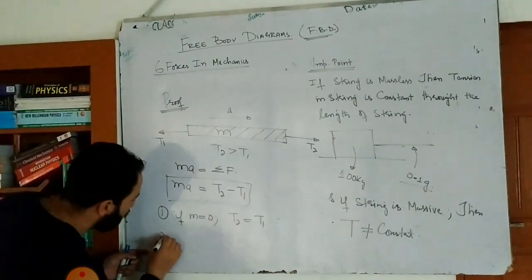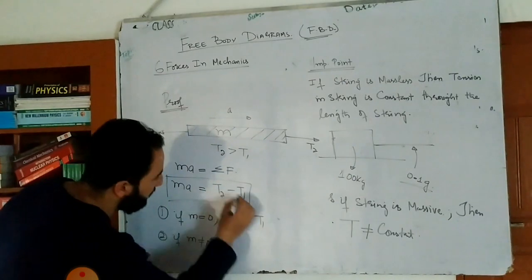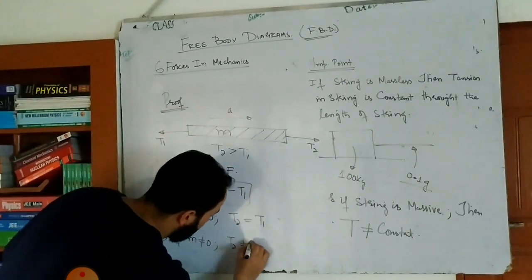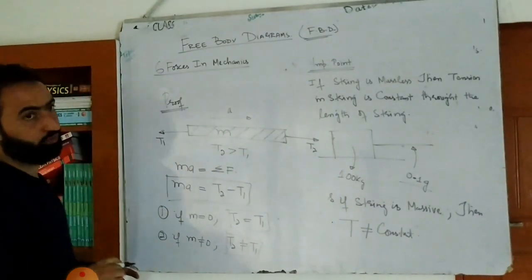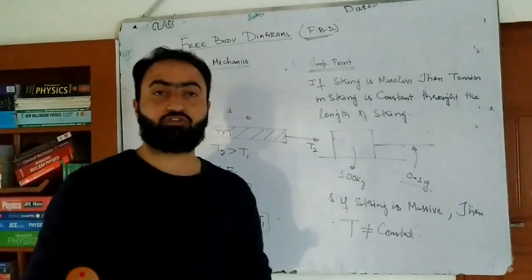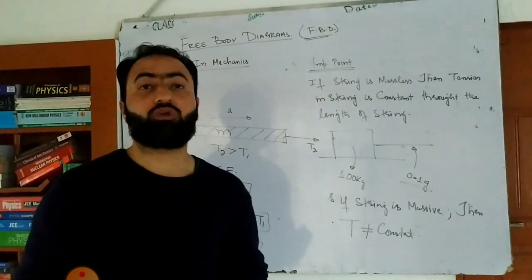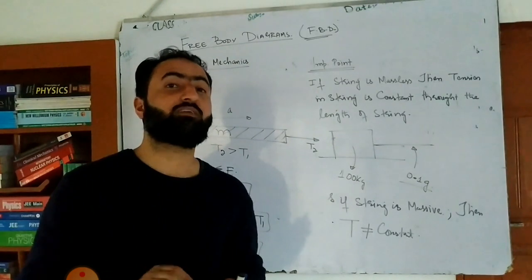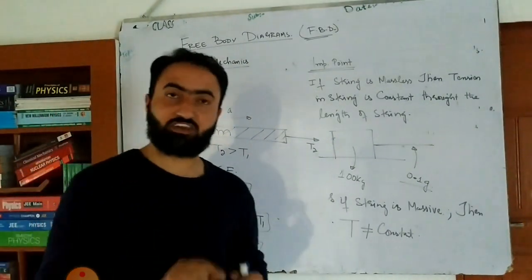And possibility number two: if the mass is not equal to 0, then obviously T2 is not equal to T1. So the important point here is that if the mass of the string is 0, then the tension remains constant, otherwise not. But in NLM, we always assume that the mass of the string is 0, so that the tension throughout the string remains constant.